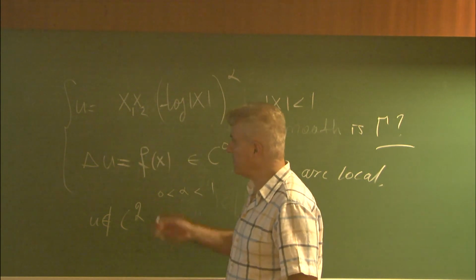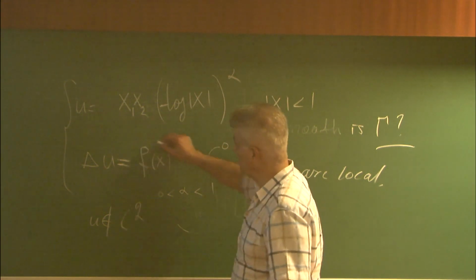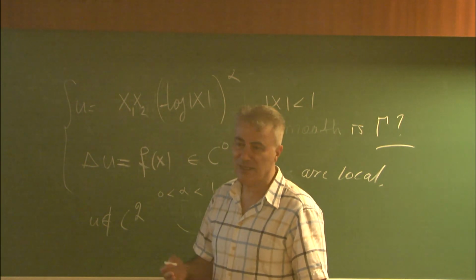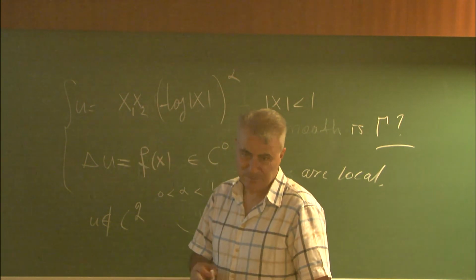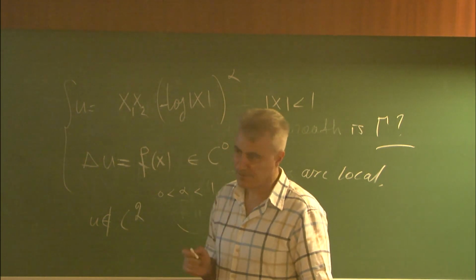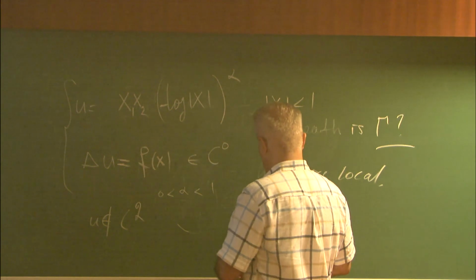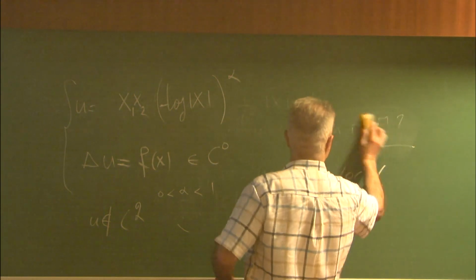In order to get continuity, you need that this guy should be C alpha or something, but Dini continuity is the final stage. Dini continuity is something that is written like this.